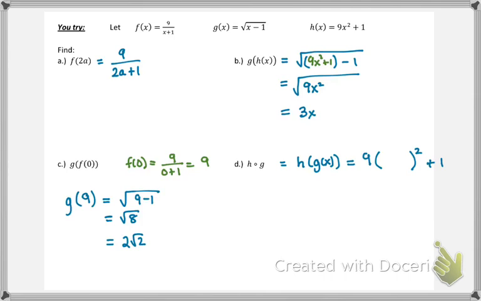And my new input, instead of x, I'm going to put in the g function, which is the square root of x minus 1. And then we simplify. Square root and square cancels out. I just have x minus 1. Distribute. And simplify.